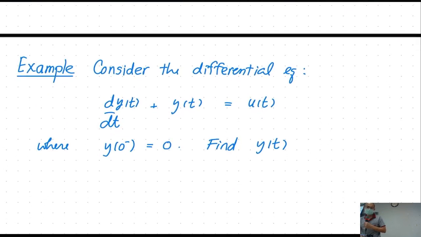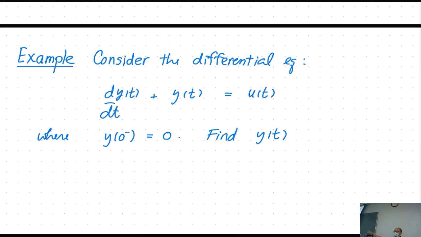So the first step is to take the Laplace transform of this differential equation to transform from the time domain to the s domain. Let's do it.